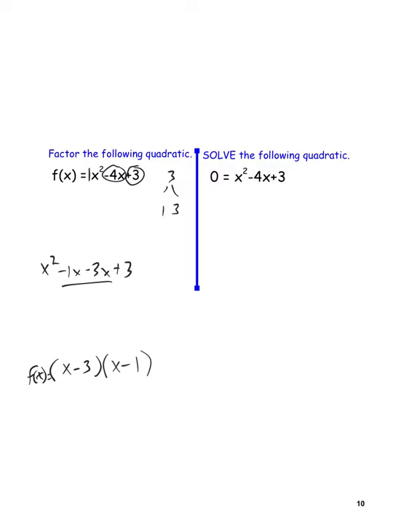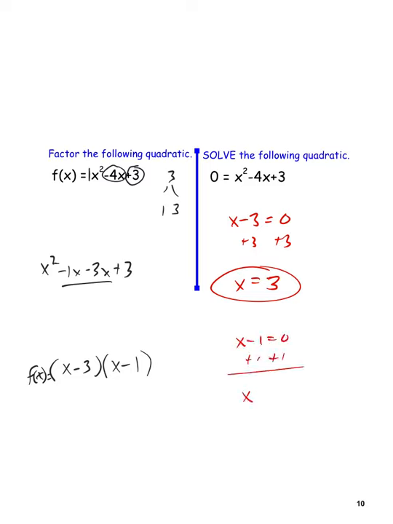And again, now to solve this, we would set x -3 equal to 0 and add the 3. So we know that x equals 3 is one of our zeros. And then we'd set the x -1 equal to 0, add 1.